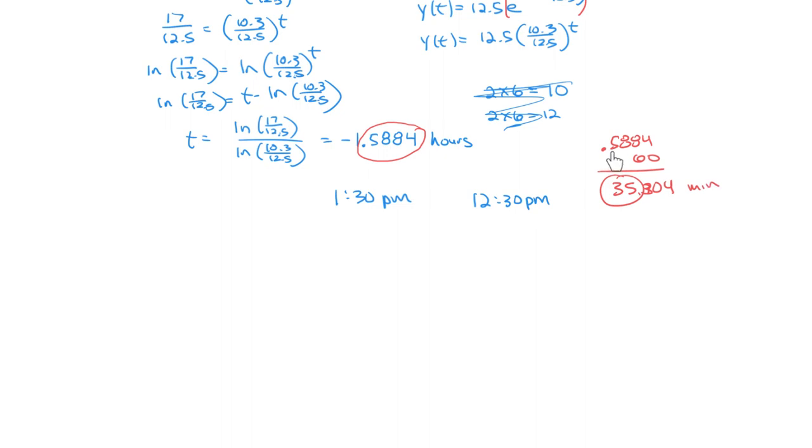Because 0.5 hours is just over half an hour, right? Half an hour is 30 minutes, so it's just over that. So basically we need to go back now 35 minutes. So 35 minutes before this. Well, 30 minutes before this was noon, right? 12 o'clock. 5 more minutes back. That's going to put us at 11:55 a.m.